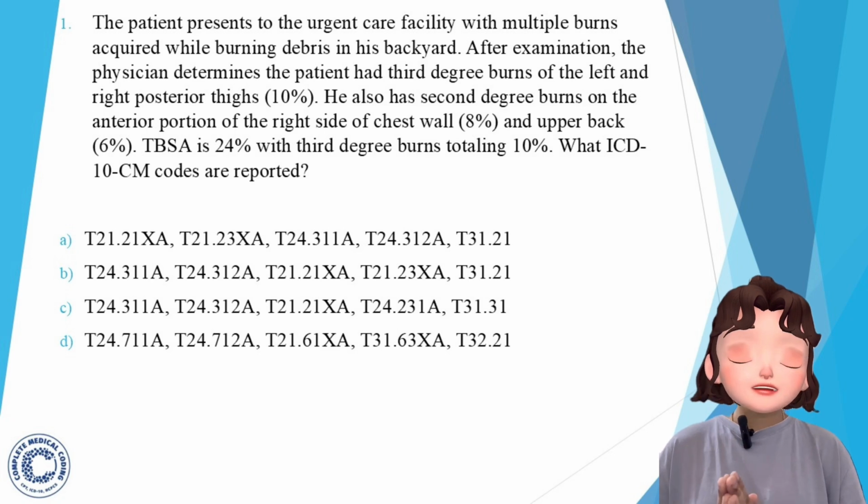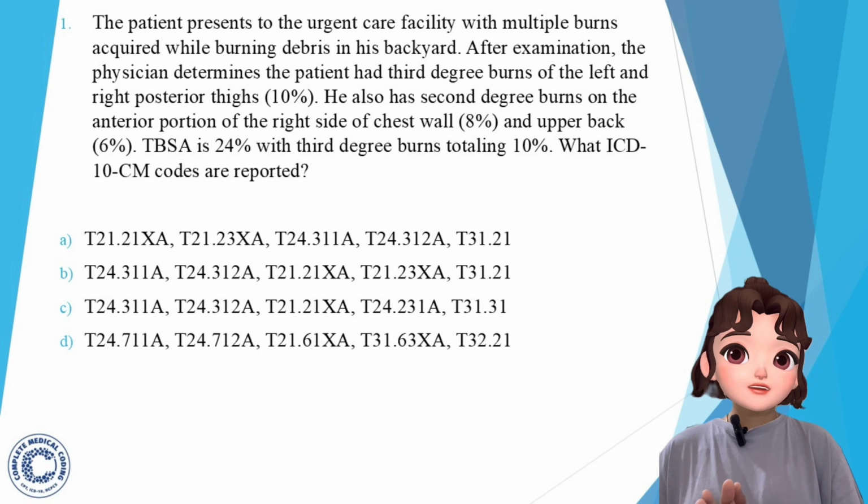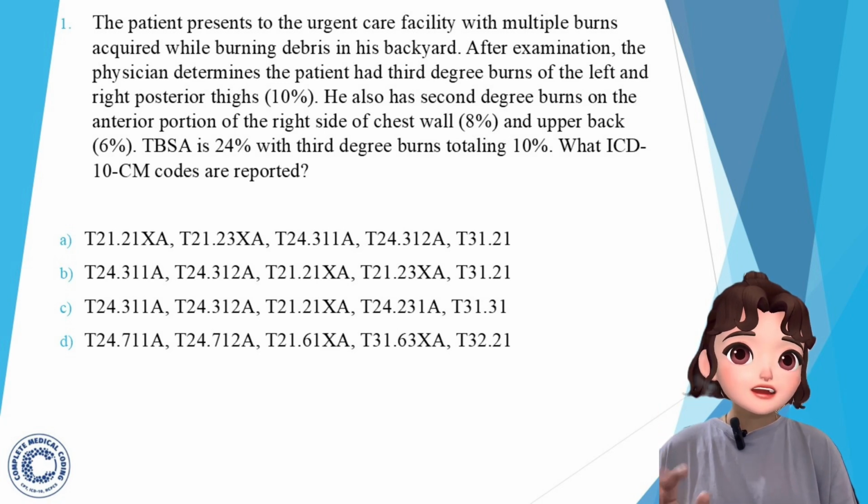So our answer will be either option B or C, because you have to code for third-degree burn first, which is marked in options B and C only. Option A is second-degree burn, and option D is also different.